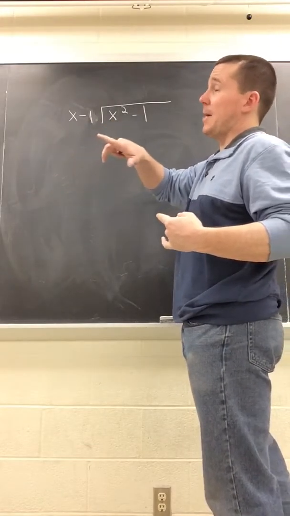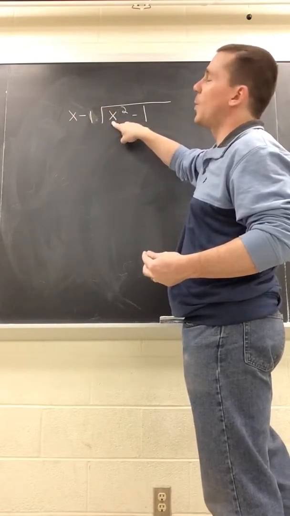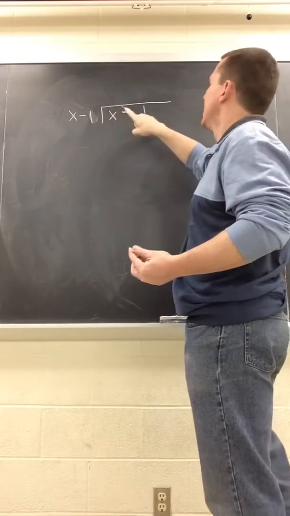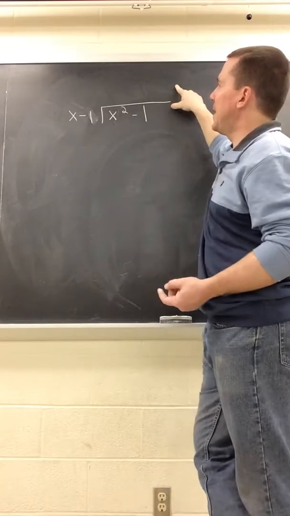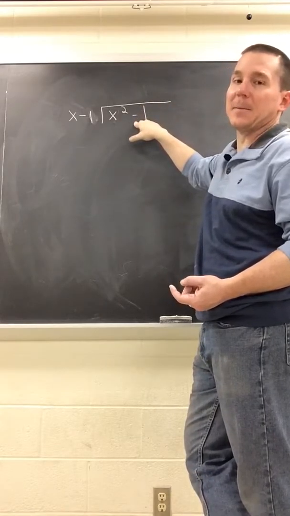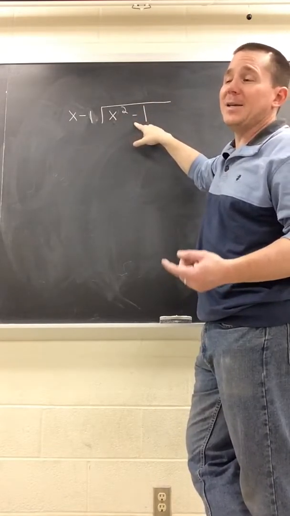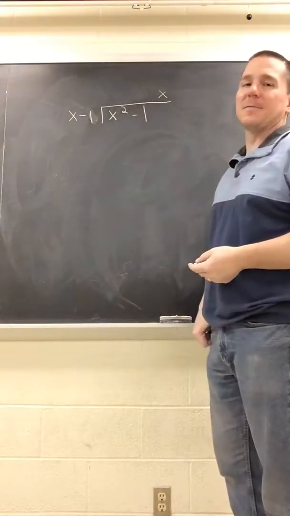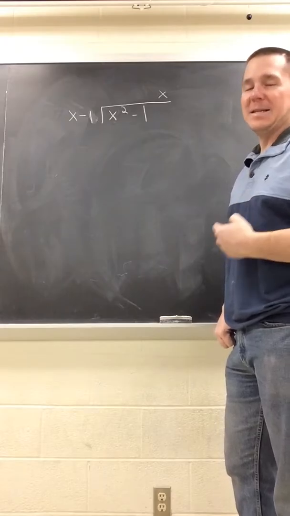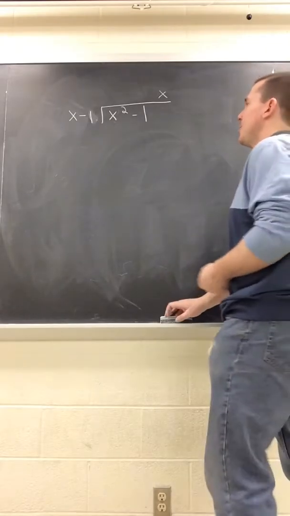We said the first step is, what do you multiply x by to get x squared? X. But then we said when we put the terms on top, you would put that above the x term, and there's no x term here. There are different ways to do this. If you want, you can just put it over here and kind of go from there. That tends to lead to confusion, so don't do that.